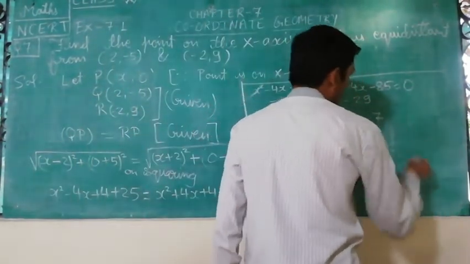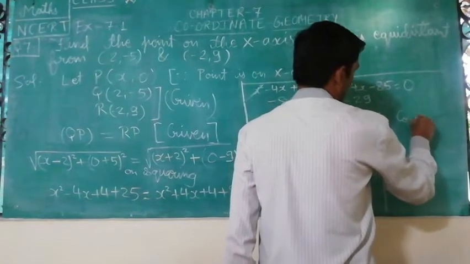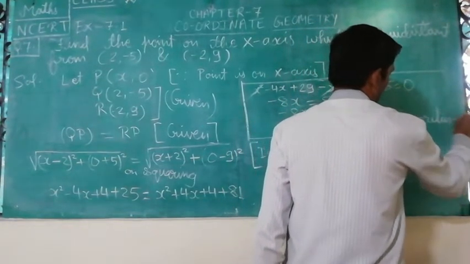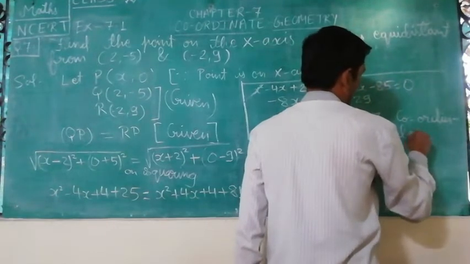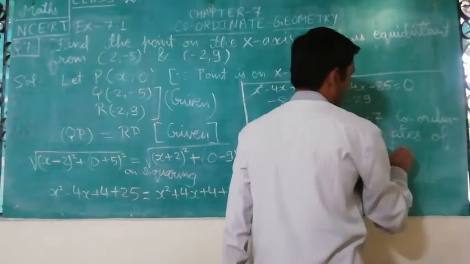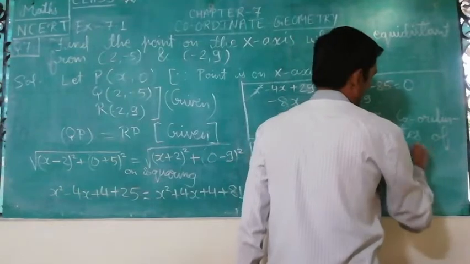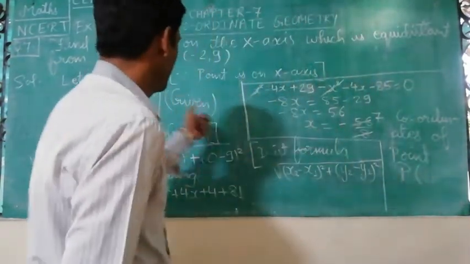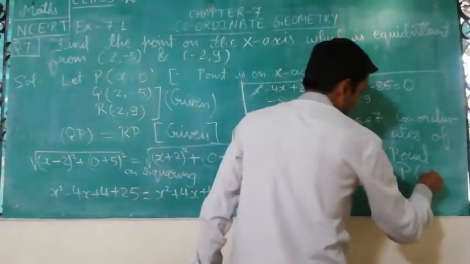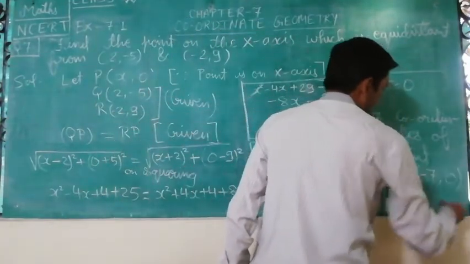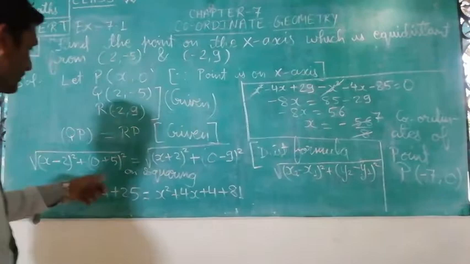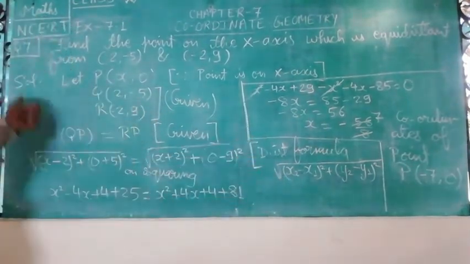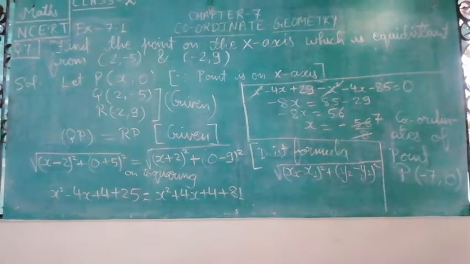We can conclude the coordinates of point P are (-7, 0), because (x, 0) we have considered, so it is (-7, 0). So this question number 7 is now over.